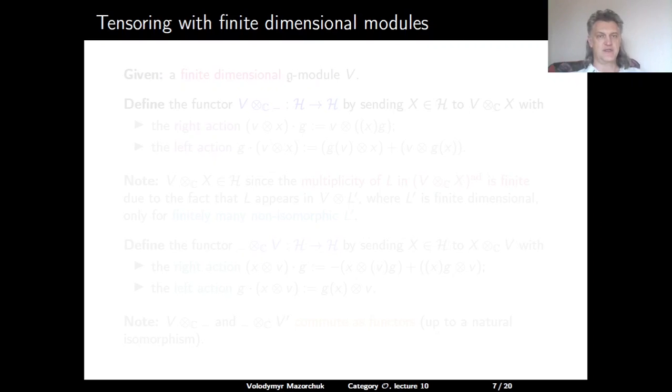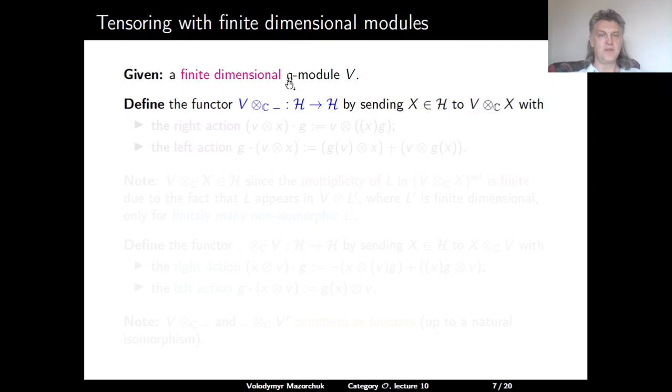Let us now consider some endofunctors of the category of Harish-Chandra bimodules, which are given by tensoring with finite dimensional modules. So let V be a finite dimensional G module. We define the functor of tensoring from the left with V, and this will be a functor from the category H of Harish-Chandra bimodules to itself.